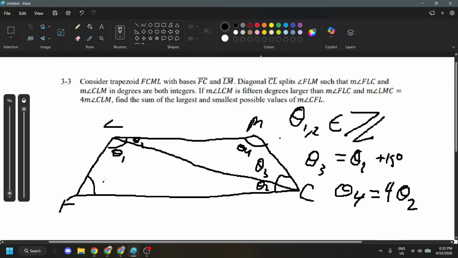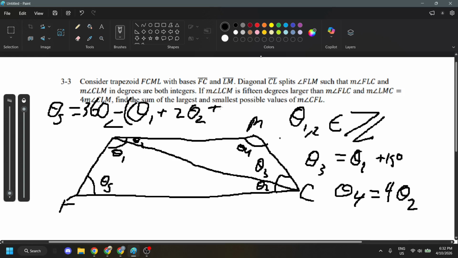So, theta 5. We don't see theta 5 anywhere else, so we just know that theta 5 is equal to 360 minus theta 1 plus theta 2 plus 2 theta 2, or I guess like this, plus theta 3 plus theta 4.